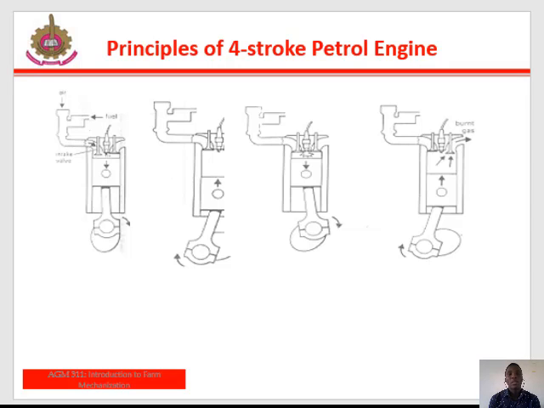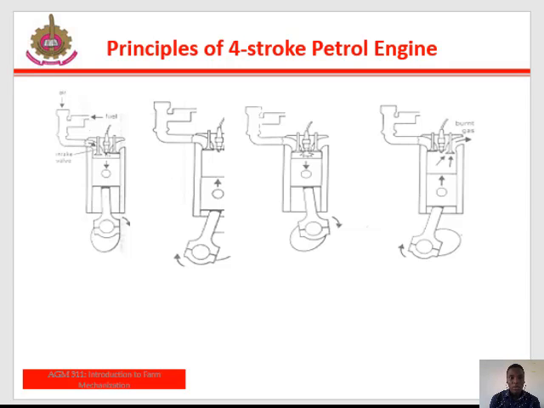In the intake stroke, the inlet valve is opened to allow the mixture of air and fuel to enter the vacuum in the cylinder. At this point, the piston is pushed downwards from the top dead center to the bottom dead center. It could be noted that the outlet valve remains closed.